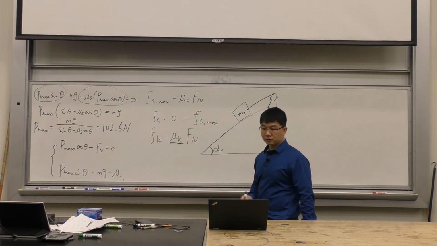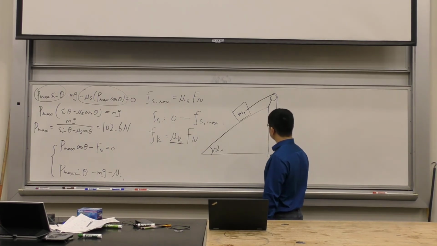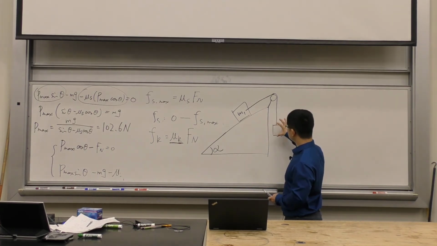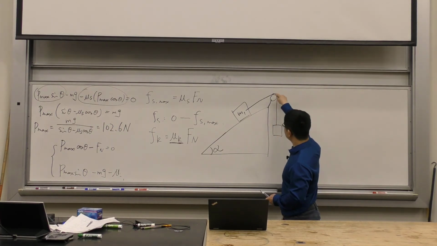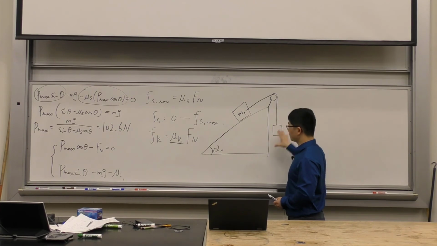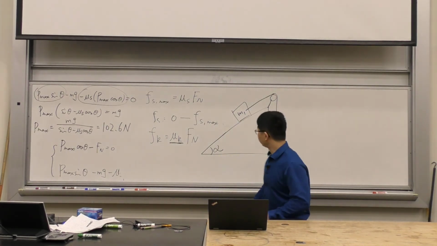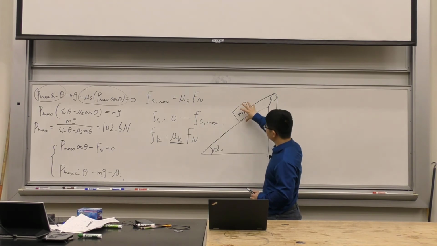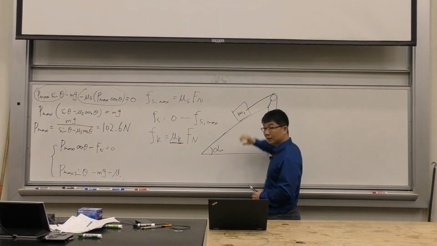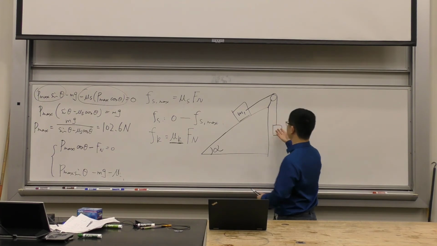Of course, if you place a mass here, the mass is going to pull the string and pull M1. But if this M2 is very small, then the friction force is still going to keep M1 on the incline, not moving. Say this is a very, very small mass.